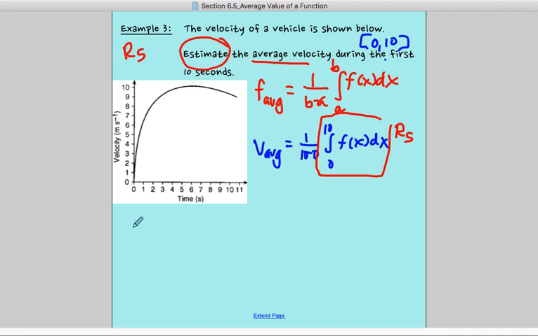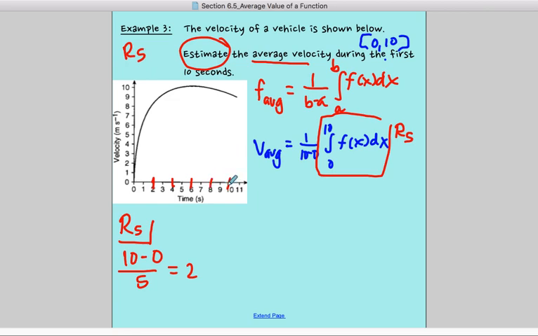So maybe a little work off to the side. I'm going to find r sub 5. My interval is from 0 to 10, so remember we do b minus a, 10 minus 0, divided by the number of subintervals, which is 5. And 10 divided by 5 is 2. That means each rectangle will have a width of 2.